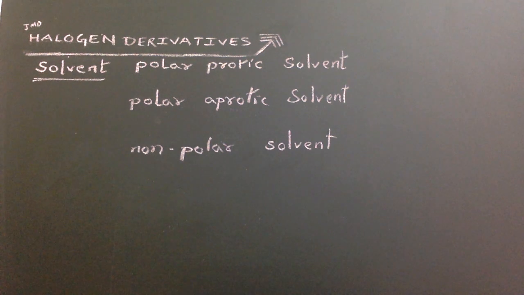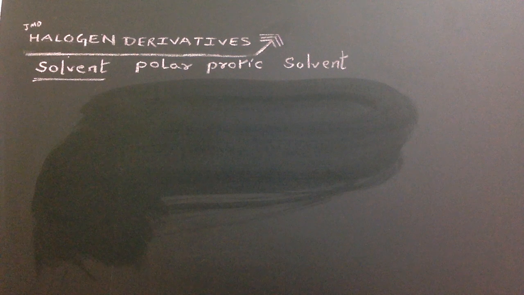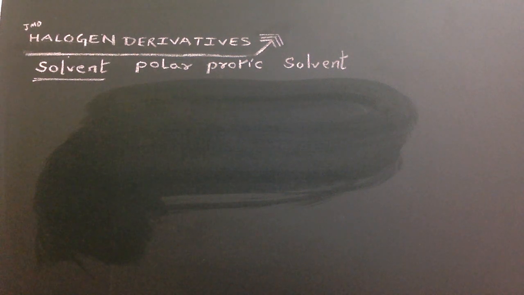Now let us see them one by one. So we take the polar protic solvent. First understand what it means.